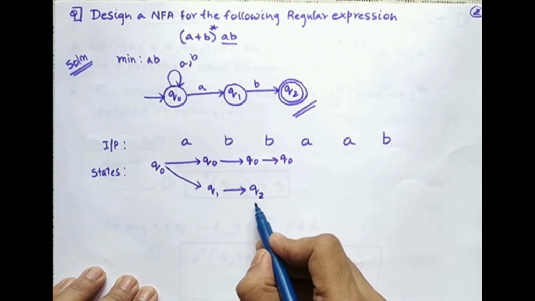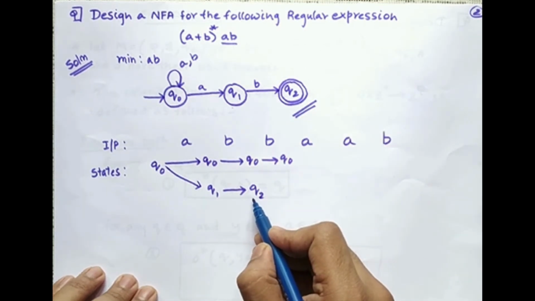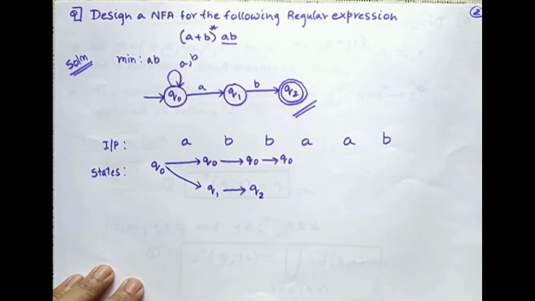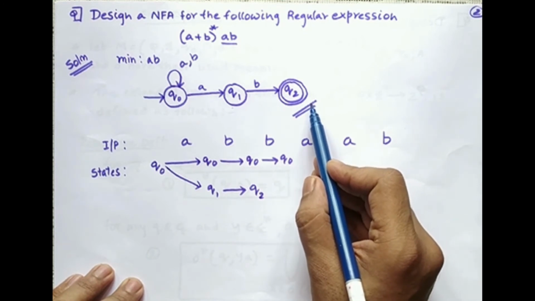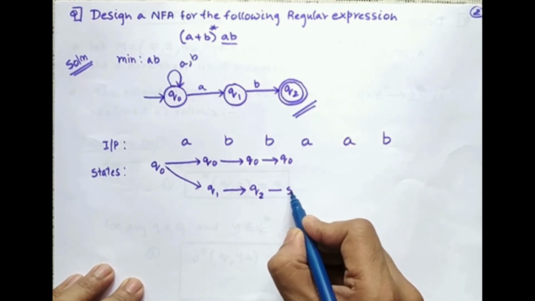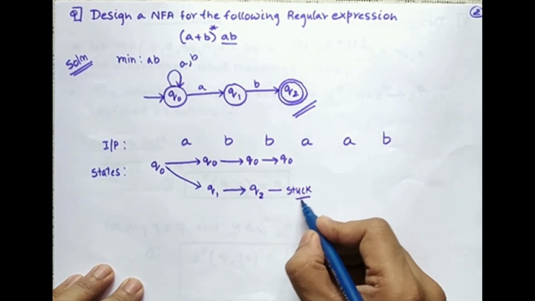But if we are already in Q2, from Q2 on reading B, where do you go? You are stuck here. You cannot proceed from this loop.